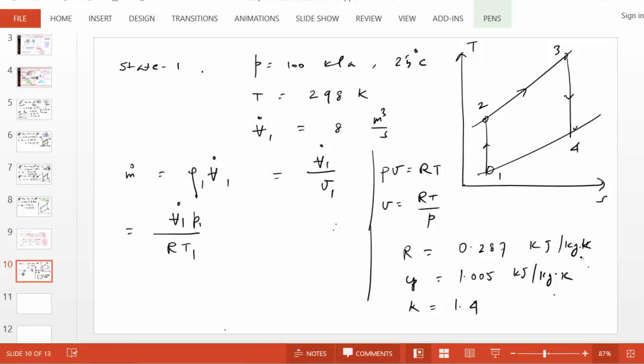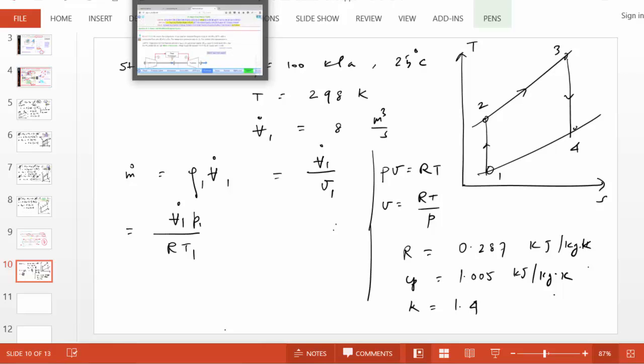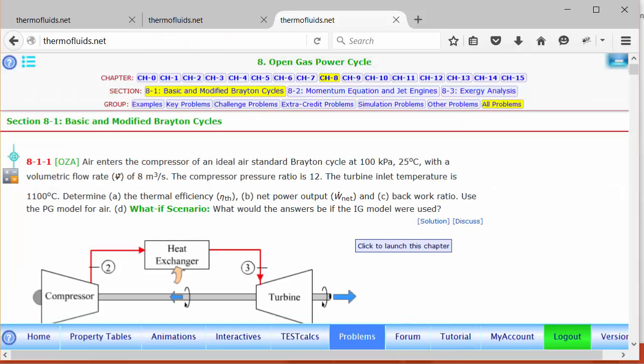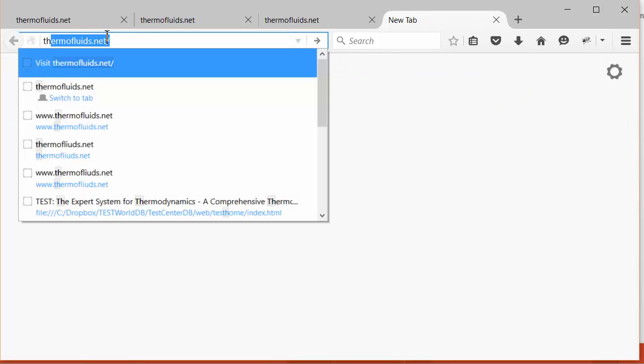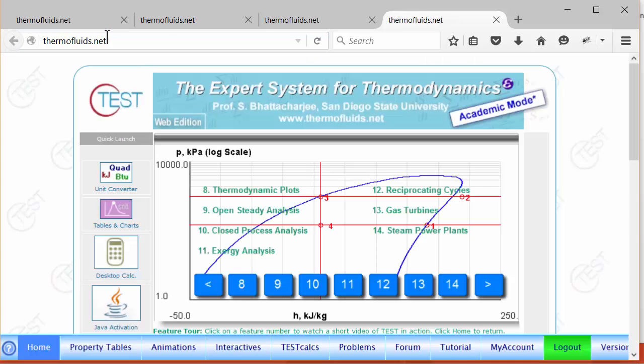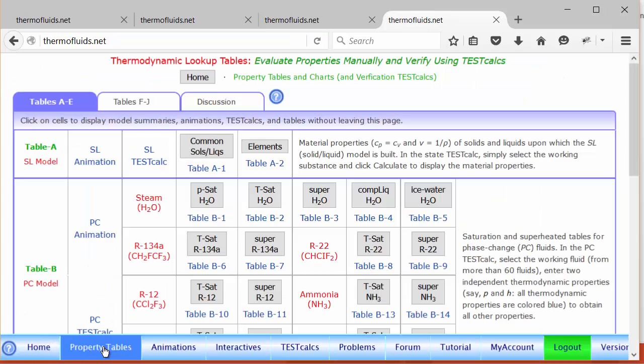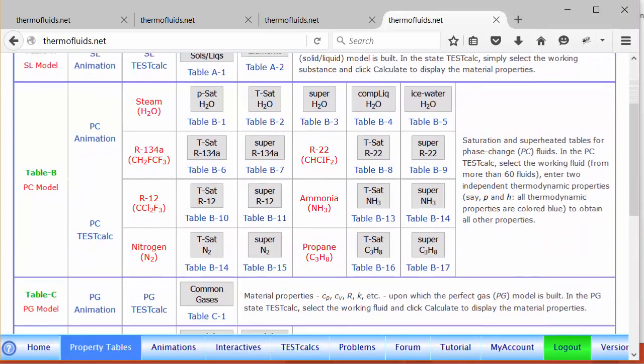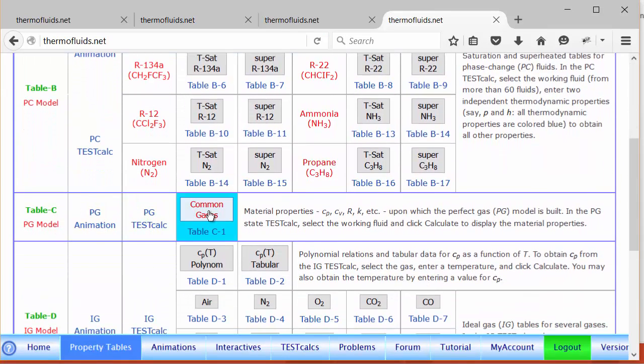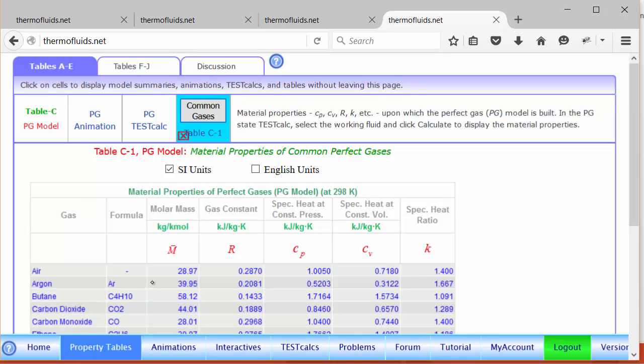Where do you find these values? Of course, you go to the tables module, property tables, the PG model, common gases, and air should be the first one. You'll find the value of R, Cp, Cv, k right here.